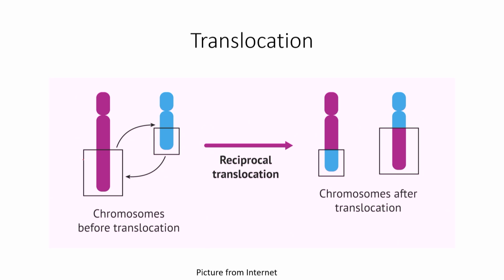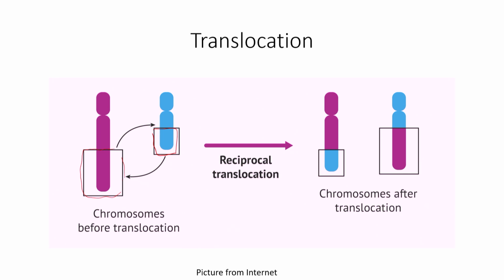If this part of this chromosome is cut from here and goes to this chromosome, and this chromosome's part comes here, then you call it translocation. After translocation, this blue part is translocated from the other one, and this red part is translocated from the other one.